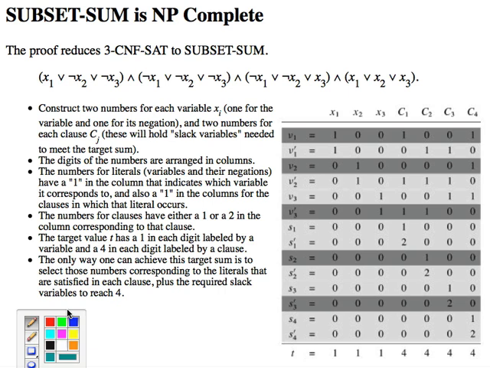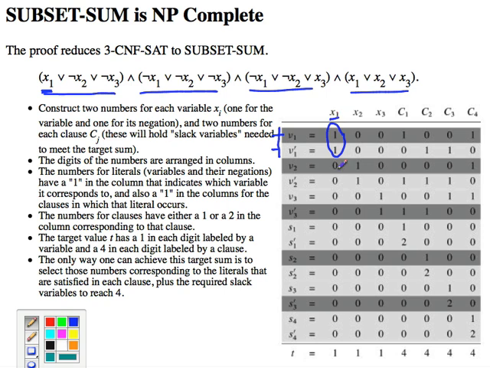The reduction is to reduce 3CNF SAT to subset sum. So let's suppose we have an expression from 3CNF SAT like this, a conjunction of disjuncts, and they have this very clever way of constructing a set of numbers. Each variable up here will have a number for each variable and its negation, and so this 1 here says that this number corresponds to this x1 here.